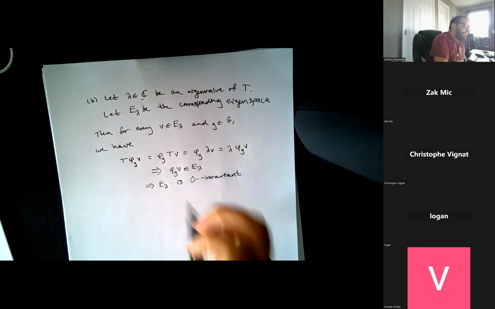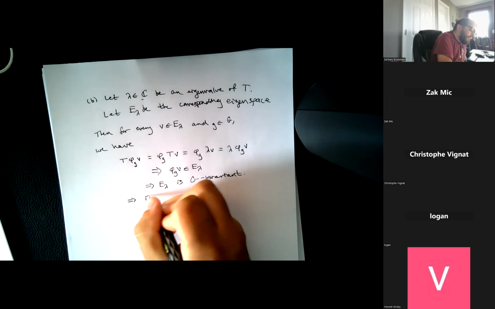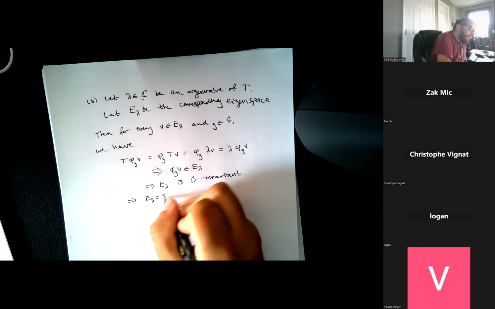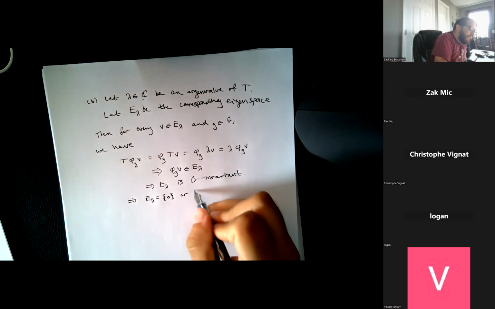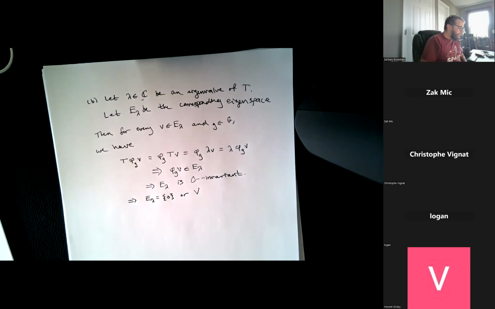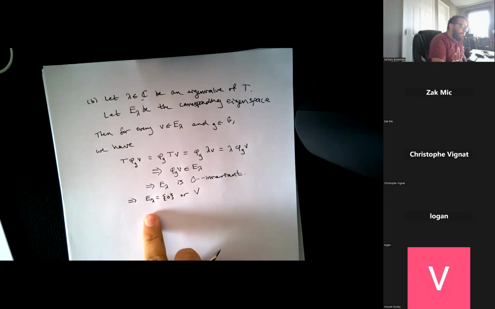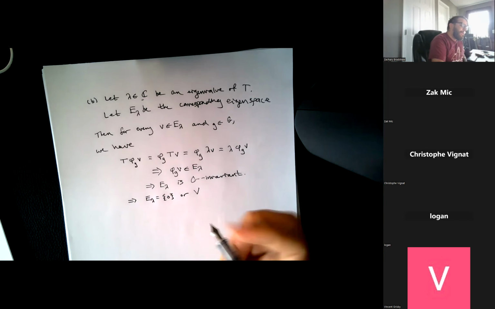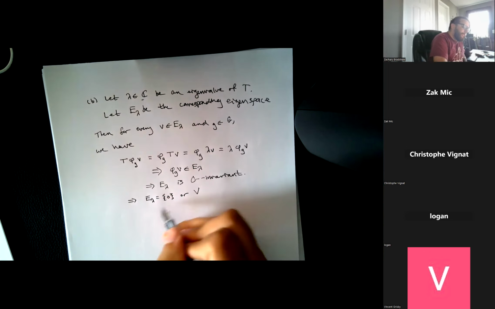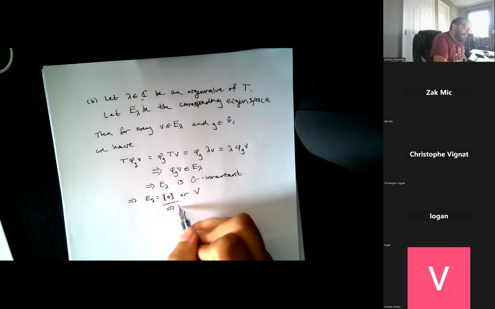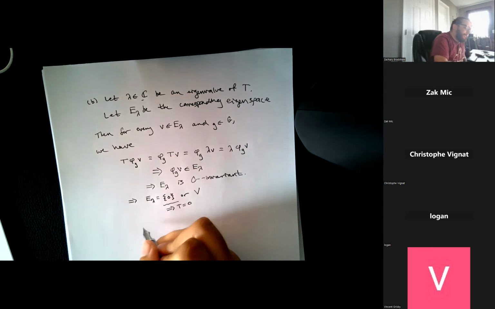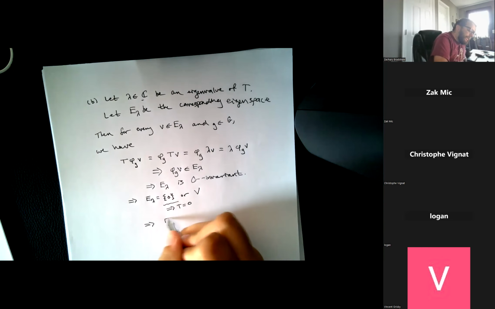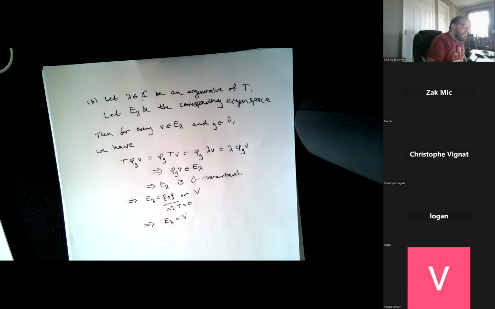And so this E lambda is either 0 or all of V. If E lambda were 0, well, then that would imply that T is equal to 0. So this case implies that T is equal to 0. And we're already assuming that T is not 0, so that can't be the case. So then E lambda is equal to V.